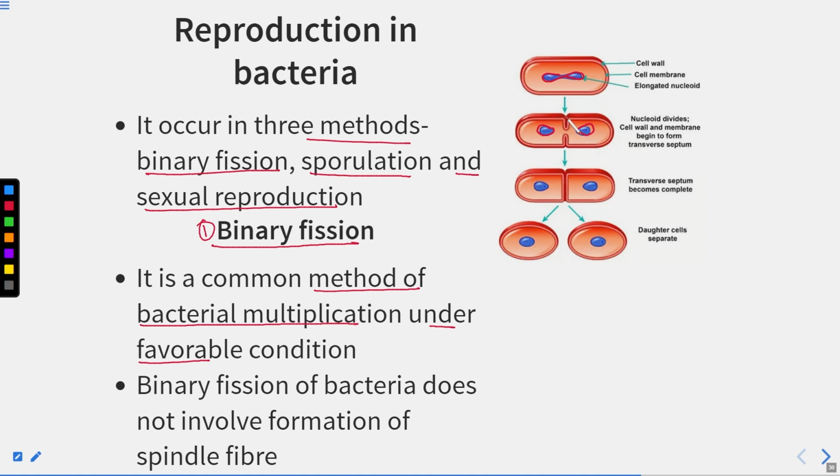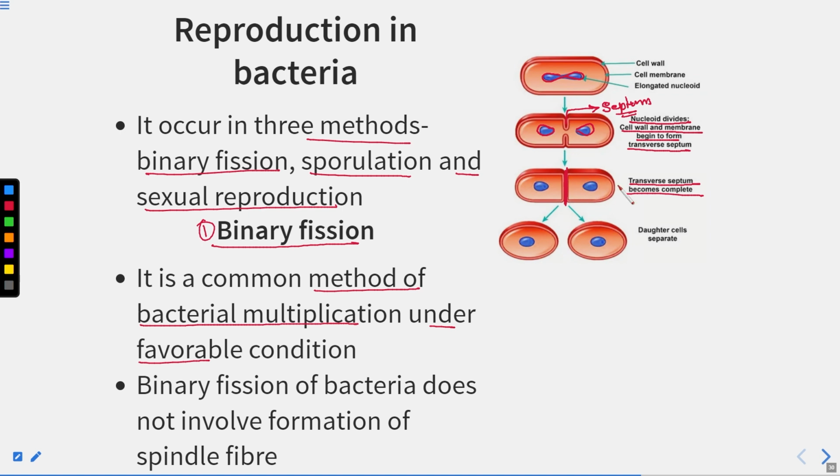Now you can see the nucleoid divides, and the cell wall and membrane begin to form a transverse septum. So here you can see a septum-like structure, or you can say the invagination. This invagination goes inward and unites together, and the transverse septum becomes complete.